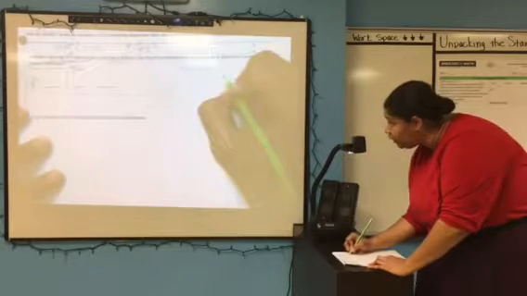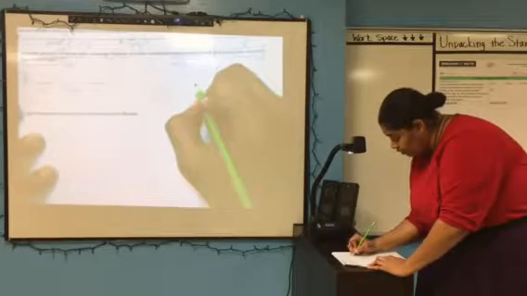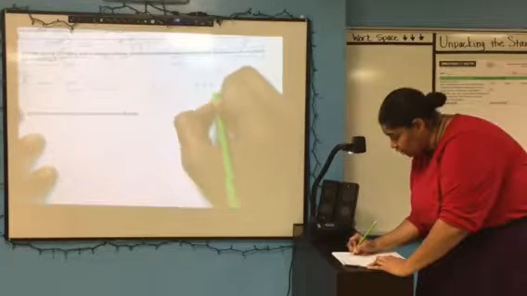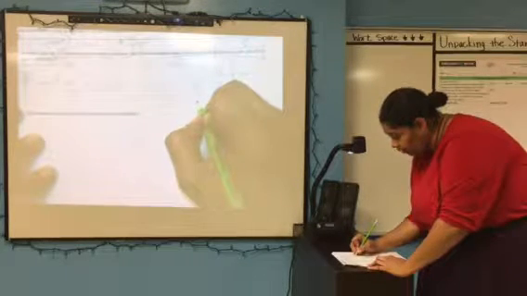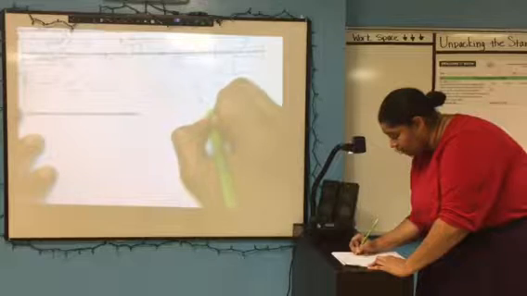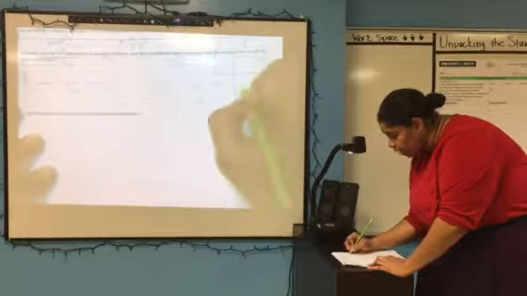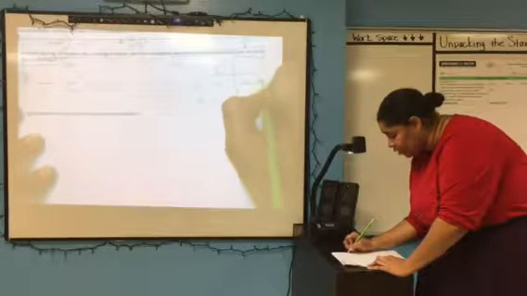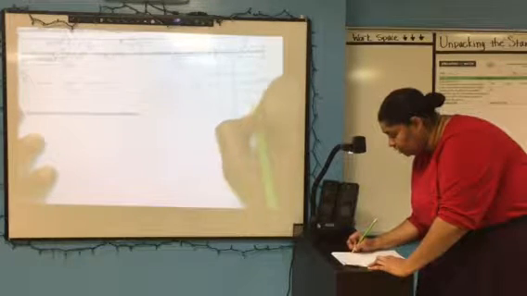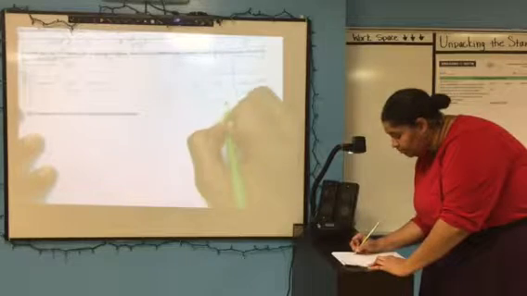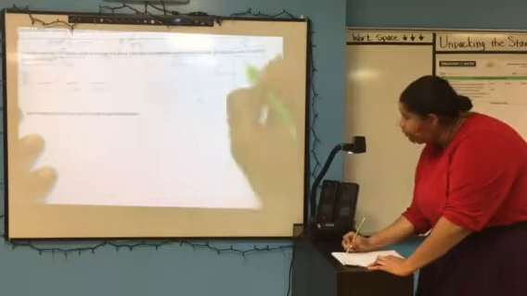Let's see. I know that J equals 270, which is my total. I know that there are 9 groups. I don't know how many cards in each box. That's my unknown.